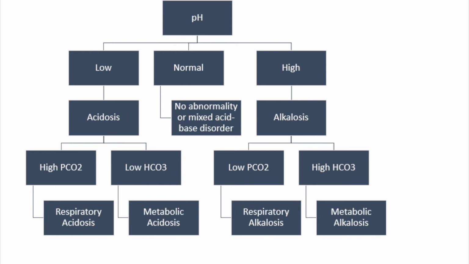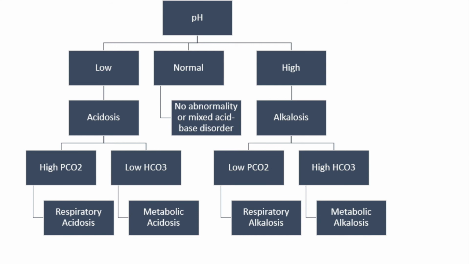Now, if the pH is low, the patient is acidotic. If that acidotic patient has a high PCO2, then they are in respiratory acidosis. Conversely, if they have a low HCO3, they are in metabolic acidosis. On the flip side, if they have a high pH and a low PCO2, then they're in respiratory alkalosis.